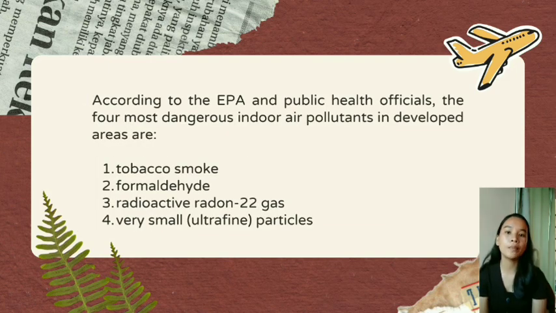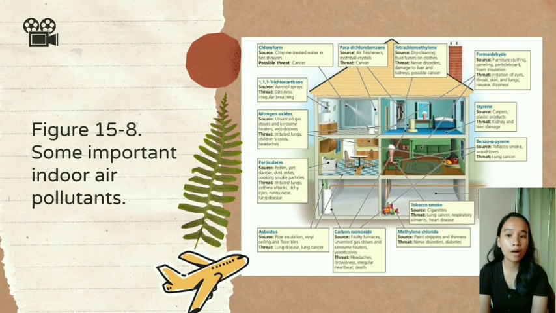According to the EPA and public health officials, the four most dangerous indoor air pollutants in developed areas are, first, tobacco smoke; second, formaldehyde emitted from many building materials and household products; third, the radioactive radon-222 gas, which can seep into houses from underground rock deposits; and fourth, very small or ultrafine particles. The figure above shows some typical sources of indoor air pollution in a modern home.